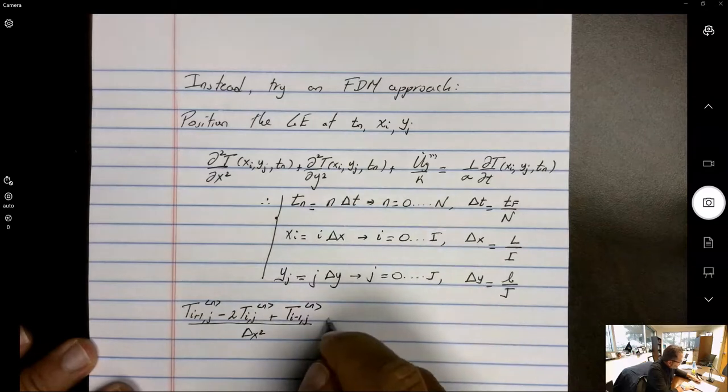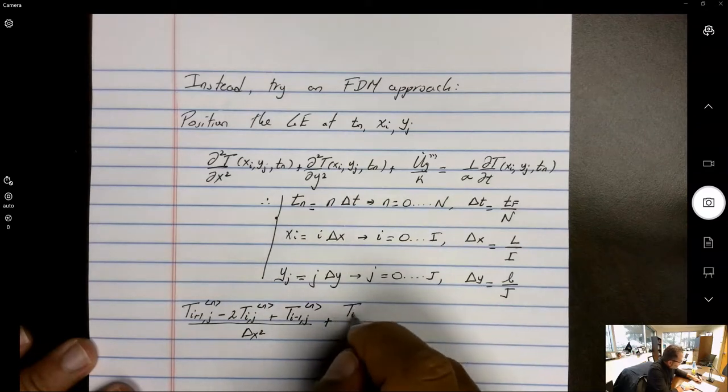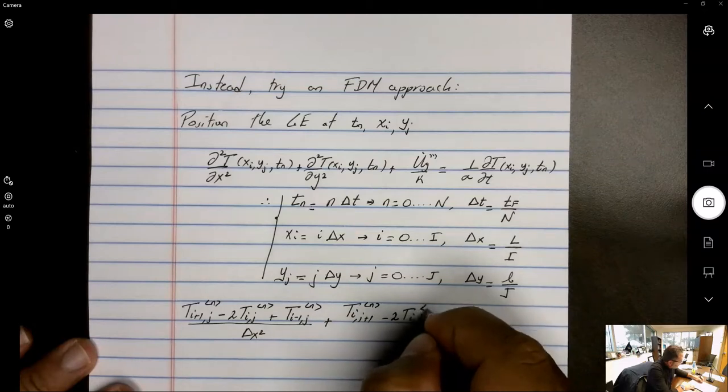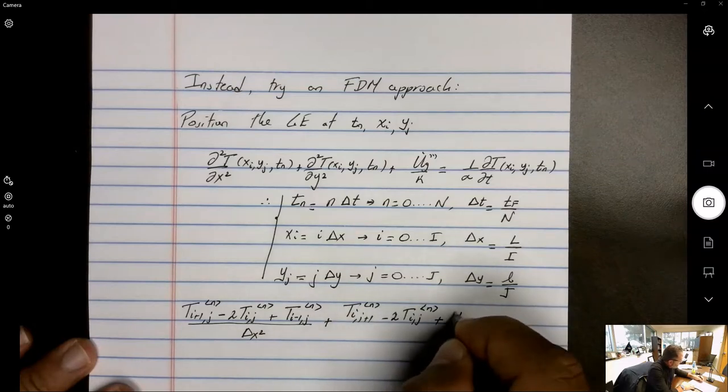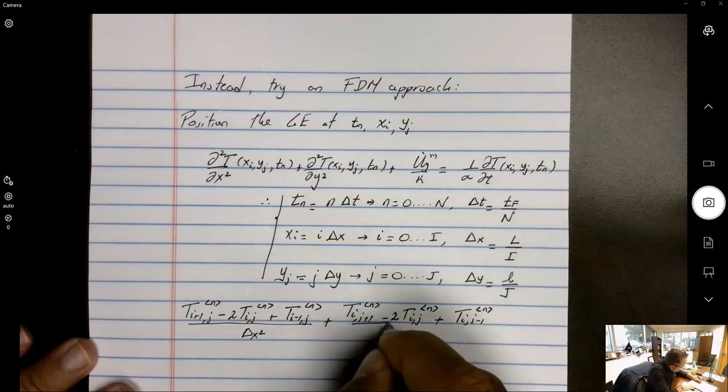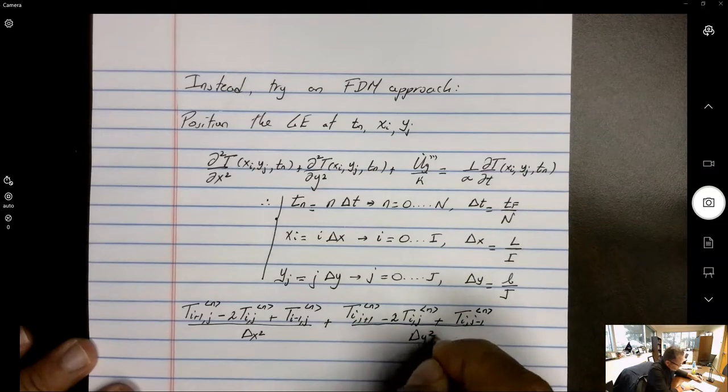Then the second derivative with respect to y would be T at i, j+1 at time position n minus 2 T at i, j at time position n plus T at i, j-1 at time level n, divided by delta y squared.